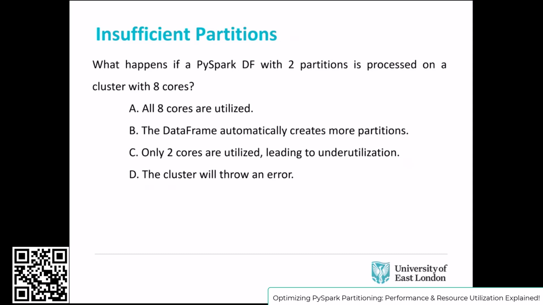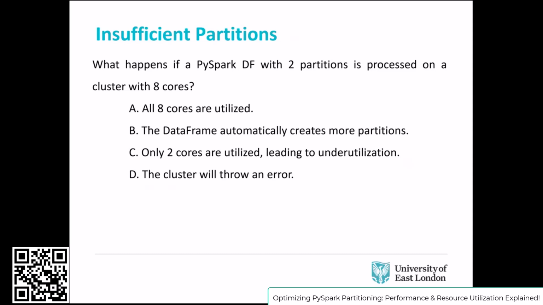Okay, you have 8 cores. They are available for your purpose, but you go with 2 partitions. What happened? 2 partitions means, in the best scenario, you give 1 partition to each core: core 1, partition 1, core 2, partition 2. This is the best case.